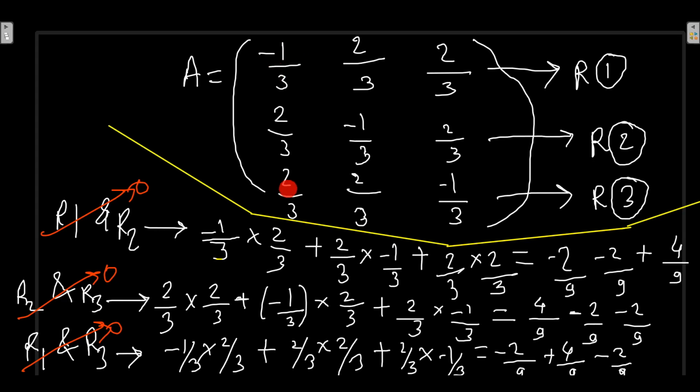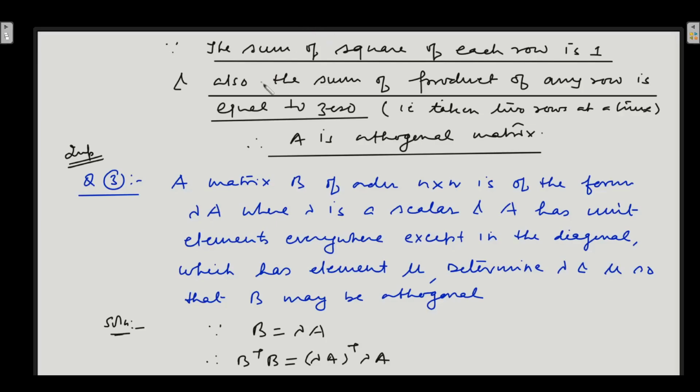So their product when you take and when you add, it should come out to be equal to 0. So also the sum of the product of any two rows is equal to 0, that is, taken two rows at a time.